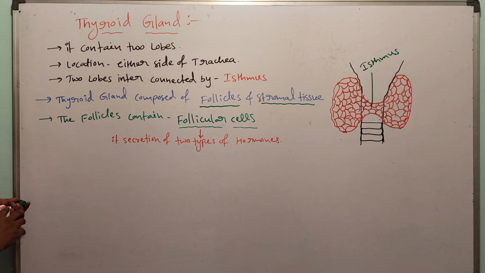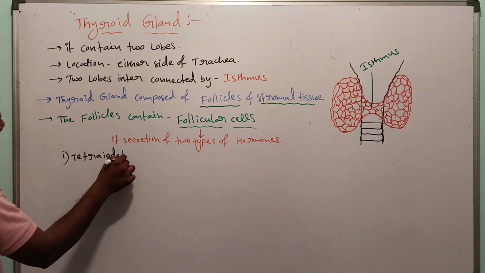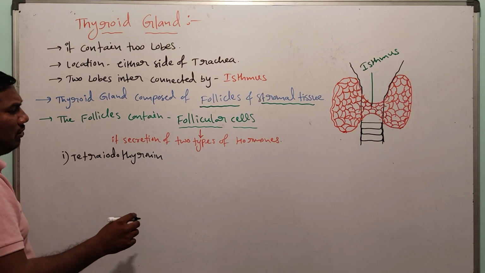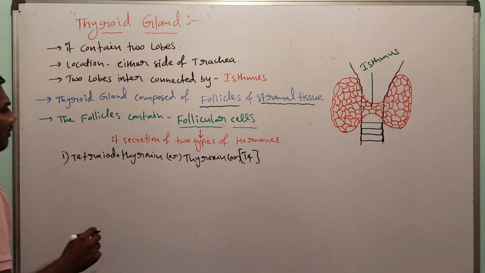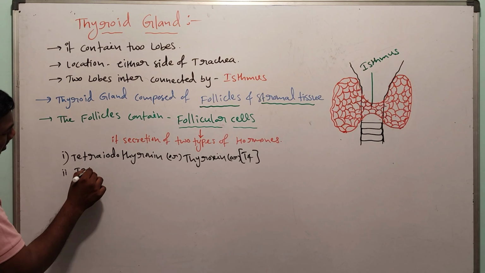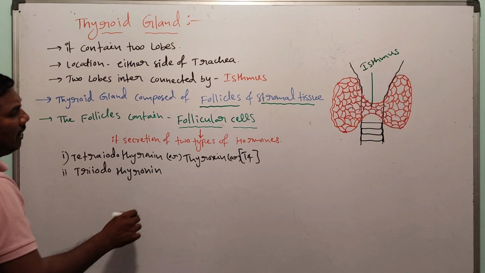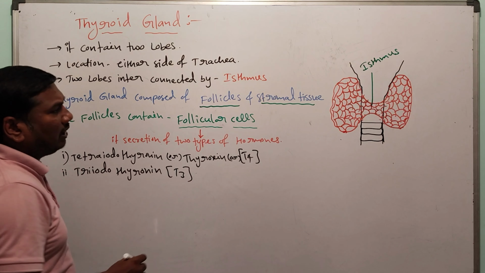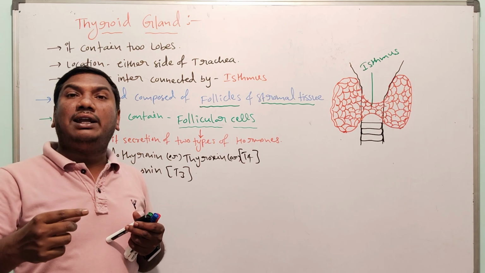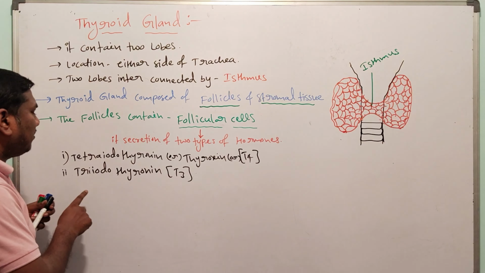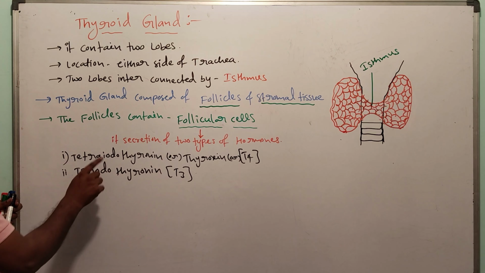One is tetraiodothyronine, or thyroxine, called T4. The second one is triiodothyronine, called T3. So the thyroid gland secretes these two types of hormones: the T4 hormone and the T3 hormone.